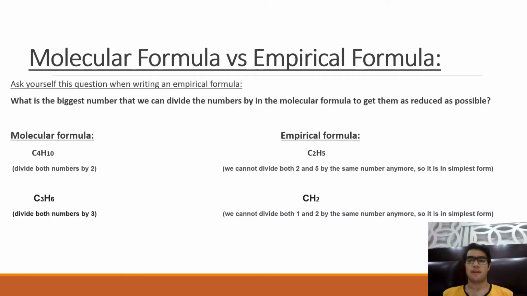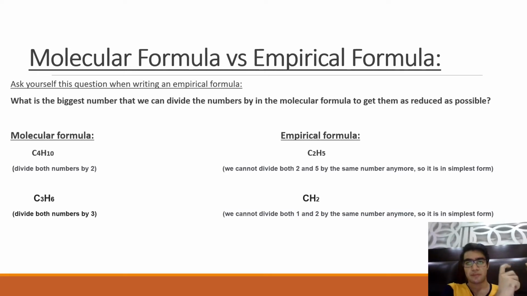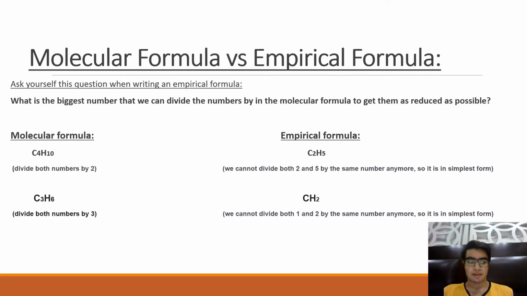Here we have, not quite a table, but a comparison between molecular and empirical formula. The first thing you should ask yourself when writing an empirical formula is what's the biggest number we can divide the numbers by. By numbers I mean the numbers in front of the element. In this case, C4H10, 4 and 10 are the numbers.